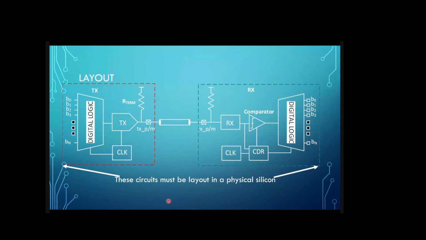At the end of the day, you need to lay them out on the circuit, on the chip design, physical. So usually you need to take these VLSI design courses, and you also have to take semiconductor physics courses. Some of these courses are much more advanced, like semiconductor physics.